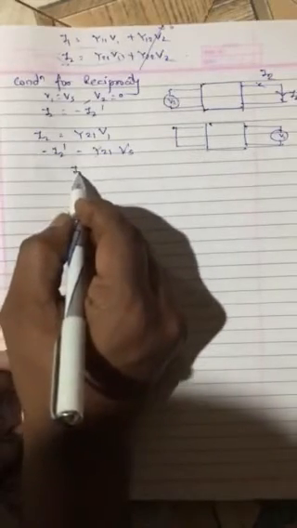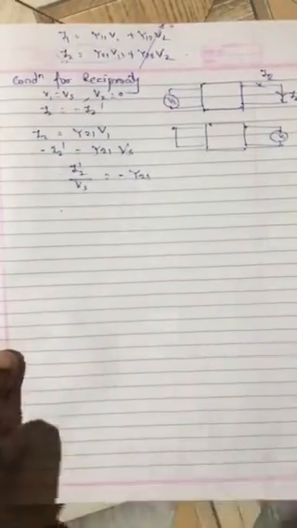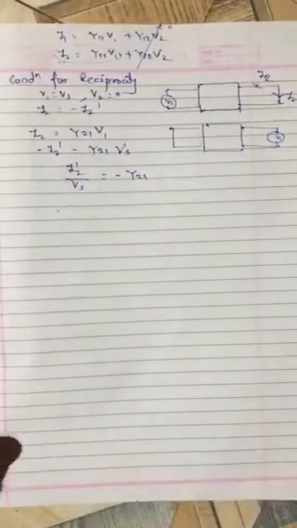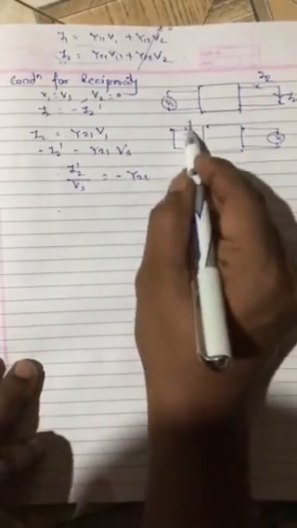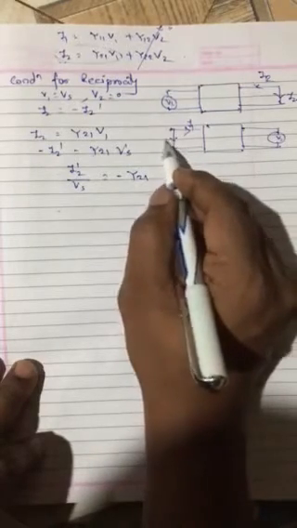So I can write it as I2 dash divided by Vs is nothing but minus Y21, I will put that minus over here. Okay, now in next part, this is the condition, means I will short circuit input port I1, and this is I1 dash.